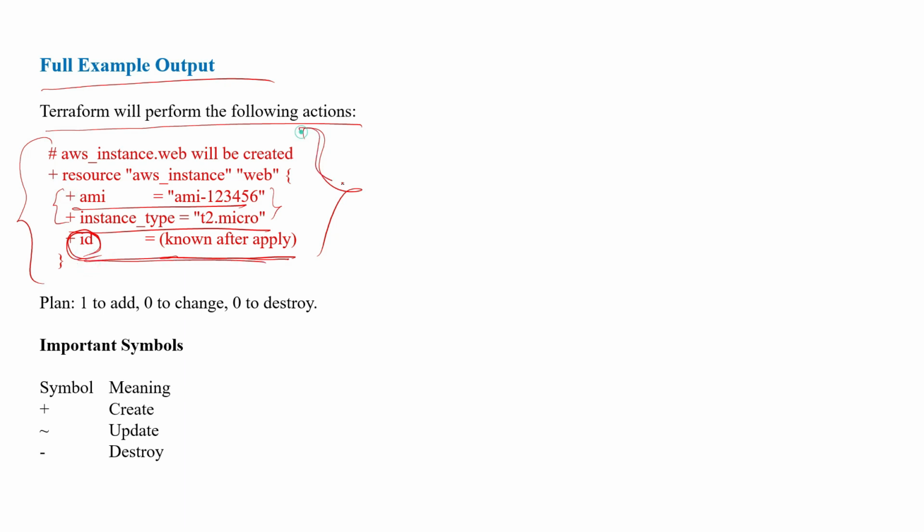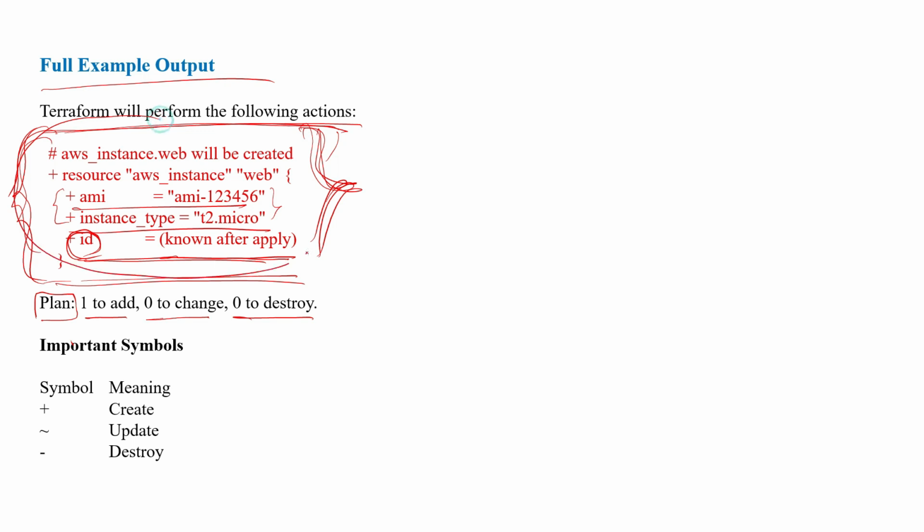So do not worry about this particular code. As I said, I am just explaining the workflow, the exact workflow and the commands. For this particular section, where we define the different configuration files to create the resources, we have a detailed session later. Here you can see that once you run the plan, you will see the output like this: plan, 1 to add, 0 to change, 0 to destroy.